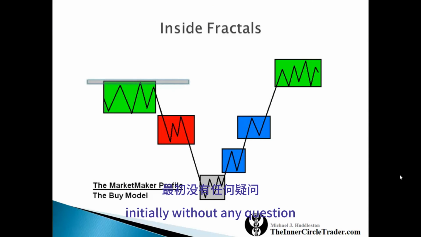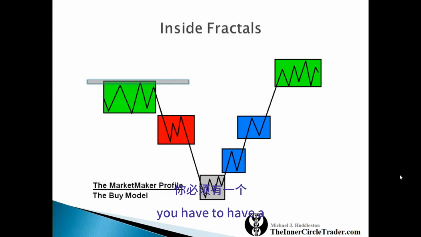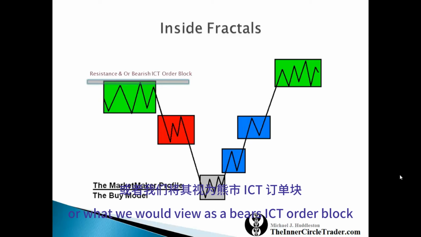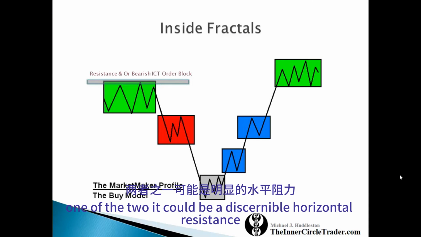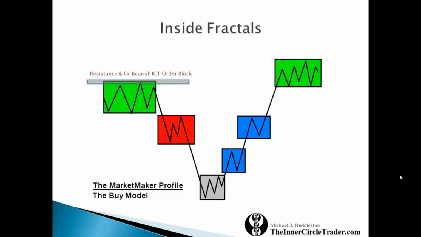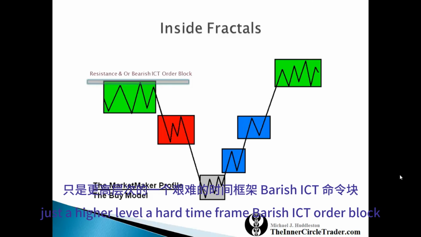Initially, without any question, you have to have a discernible level of resistance, or what we would view as a bearish ICT order block. One of the two. It could be a discernible horizontal resistance, or it could be an old high, it could be an old low, it could be just a higher level, a higher time frame bearish ICT order block.